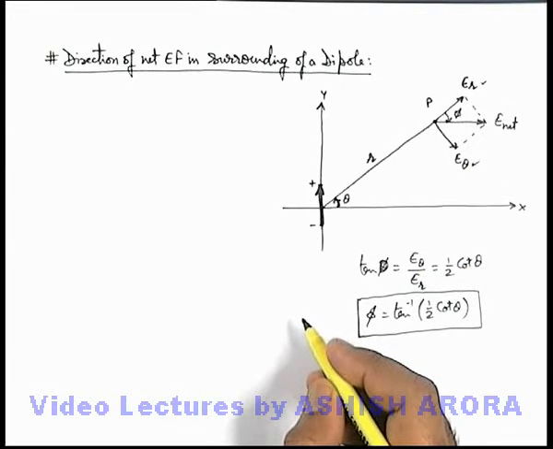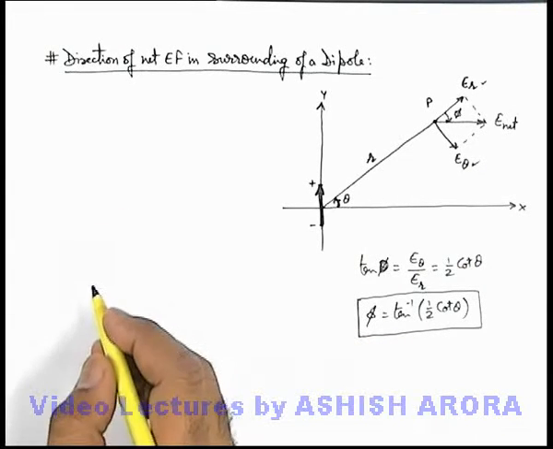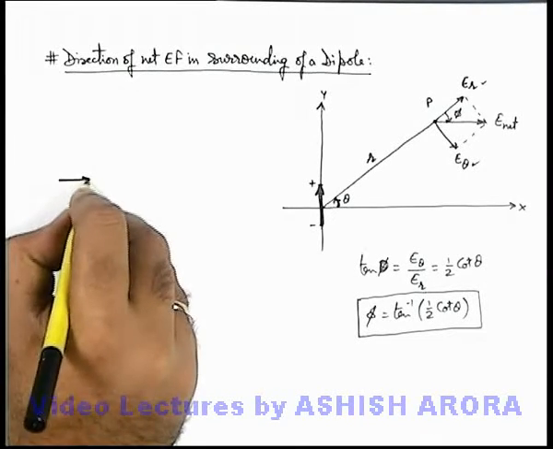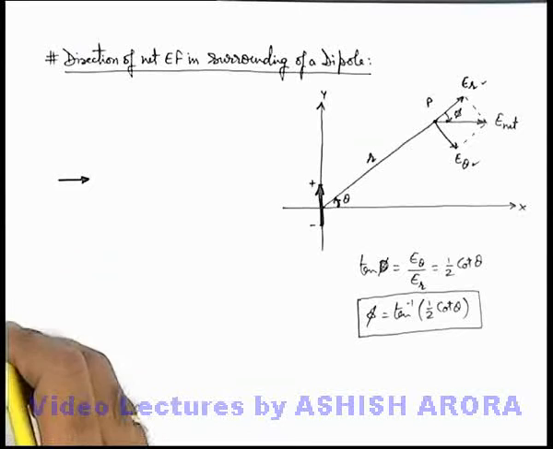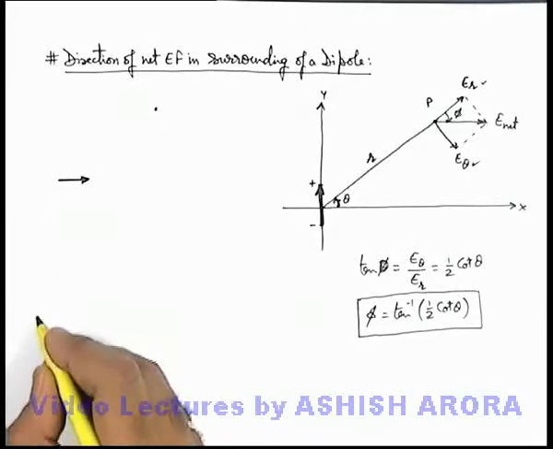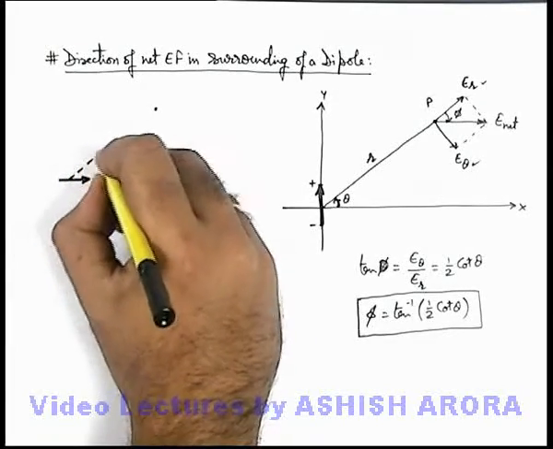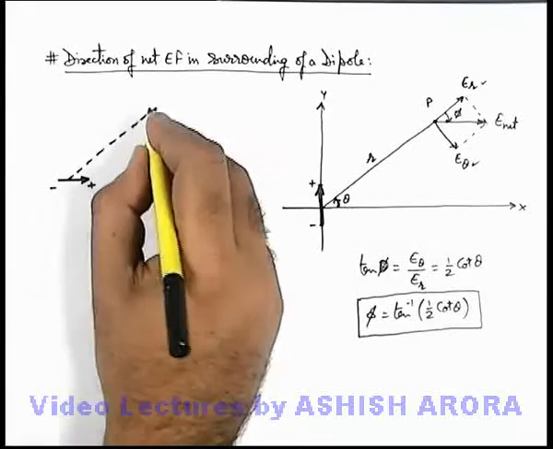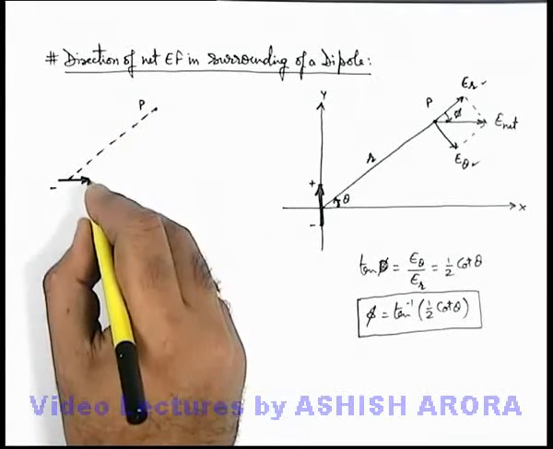That's also quite useful. Let me take up some examples. If we are given a dipole placed in a horizontal alignment, and I wish to calculate the electric field at this point, here you can see this positive and this negative, and at point P the positive end is closer.